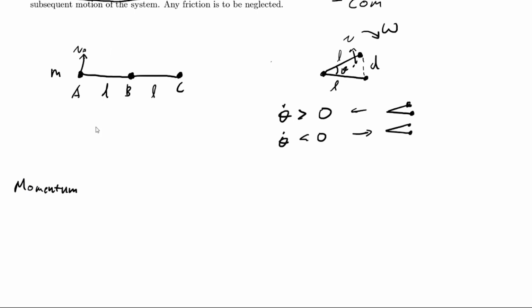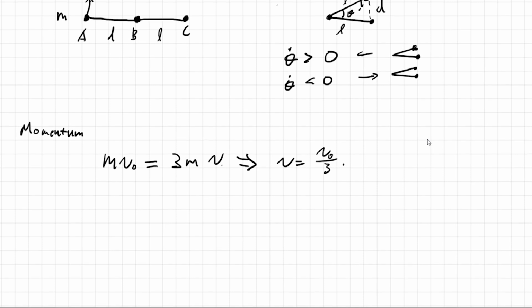The initial momentum m v0 is equal to 3m times the velocity of the center of mass, which is denoted v here, and that implies that v is equal to v naught over 3. And so that's the conservation of momentum.